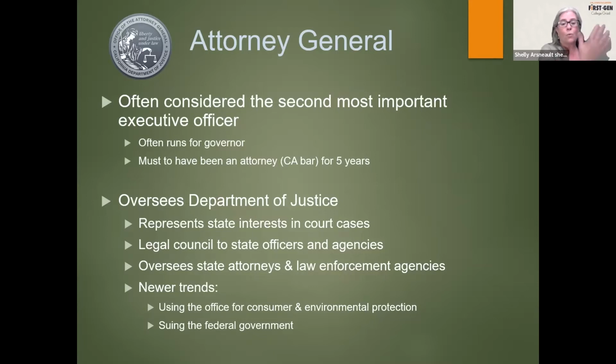And frankly, when the Trump administration came in, then you saw more liberal states, including our own, basically do the same thing. If the Trump administration had passed a piece of legislation or cut an environmental protection, our attorney general would dive in and sue the federal government. So those are newer things that we haven't always seen attorneys general do. But again, a very powerful position, so in the position to do that sort of thing.